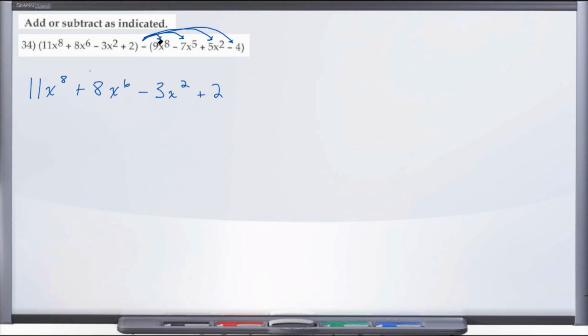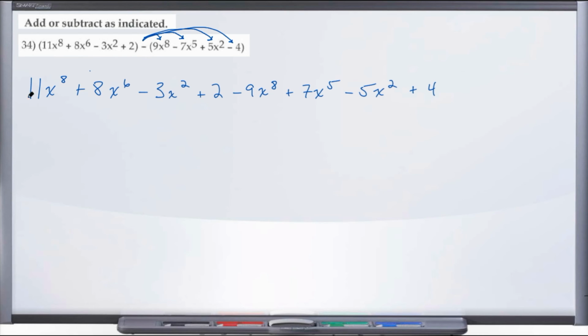So we have a negative times a positive 9x to the 8th, so that's going to be minus 9x to the 8th. Distributing this negative to a negative, we're going to have plus 7x to the 5th. And then negative times positive is going to be negative 5x squared. And negative times negative will give us a positive 4.